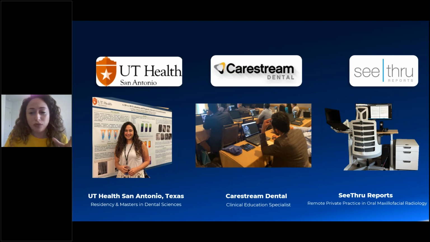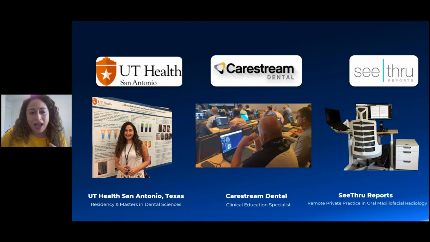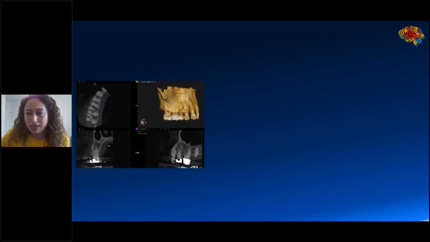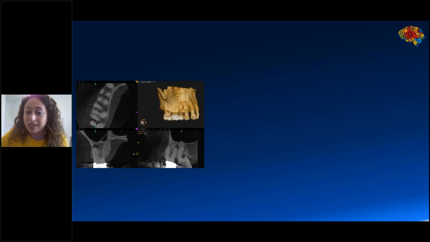Between Carestream and See-Through, I feel like I've had more insight on the experience when it comes to new 3D users. And one of the things I've noticed is we usually tend to use cone beam when it's our last resort, when there's nothing else that can help us. Then, let me see if there's something I can see on this scan, or when it's related to a treatment.